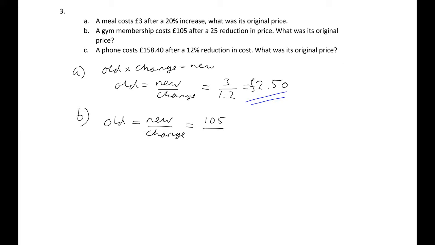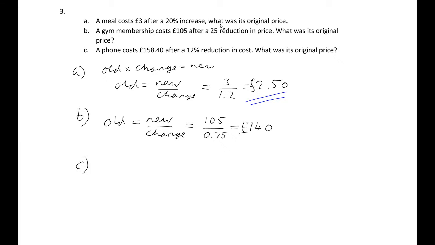Now it was a 25% reduction, so it is 75% or 0.75. That equals 140. And that should say percent there. Okay, that's part B.